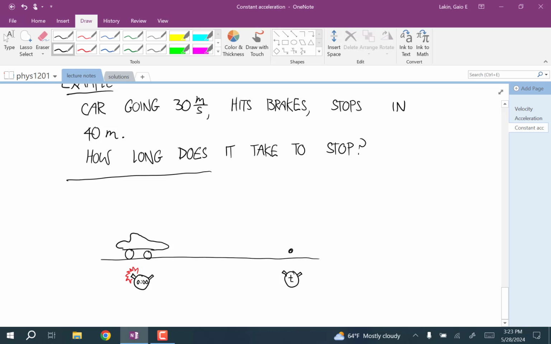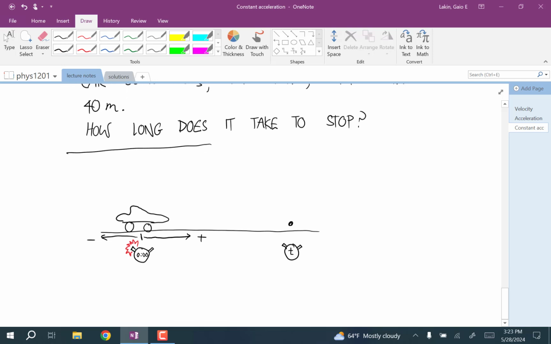Okay. And again, I'm going to make my positive direction the direction it's moving, my negative direction this way. But this problem would work out fine if you switched those the other way.